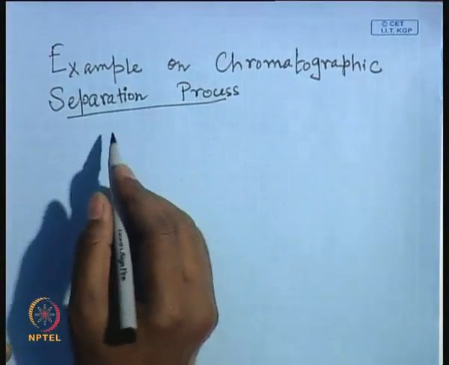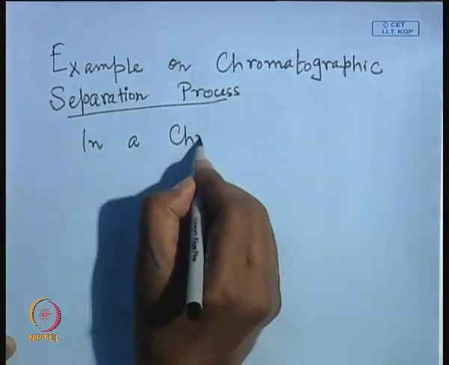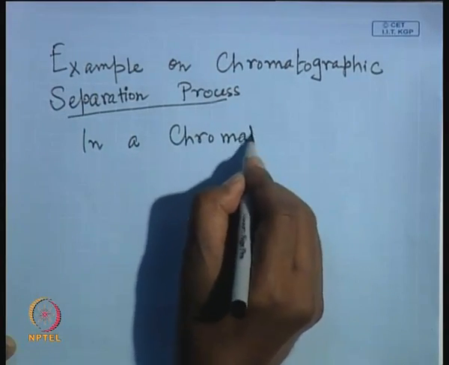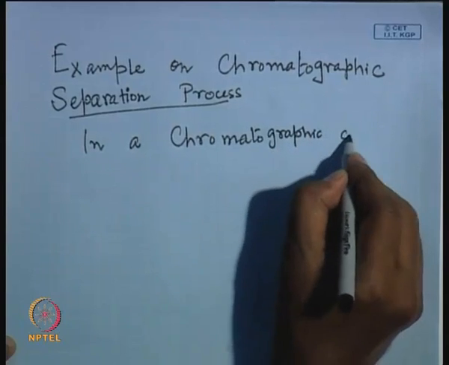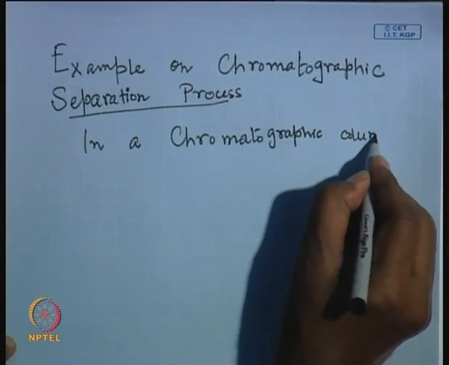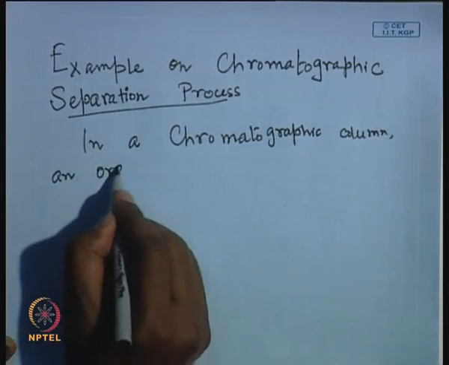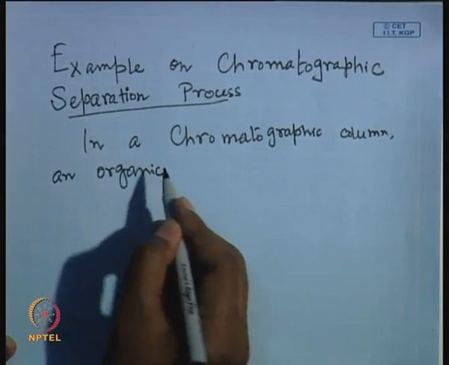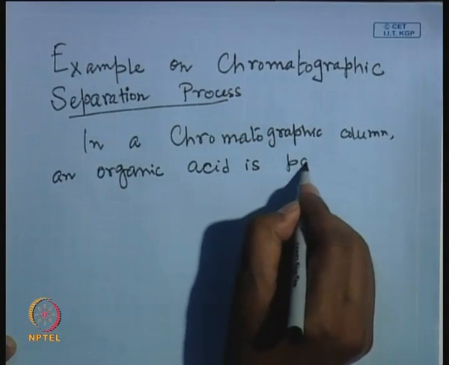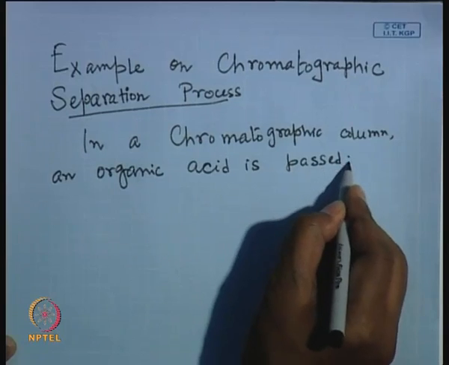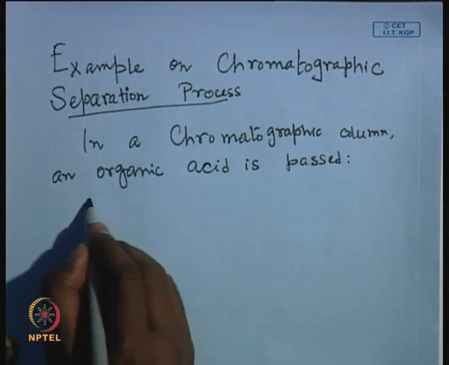Okay. So, we have a chromatographic column. In the chromatographic column, an organic acid is passed. The properties of various parameters of the solid matrix are given.